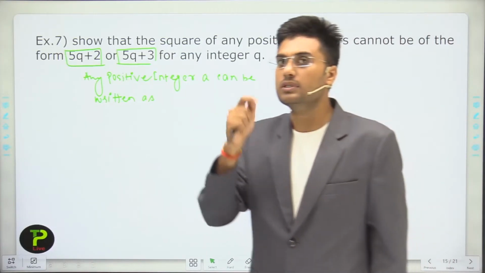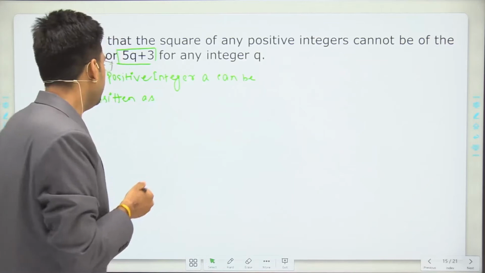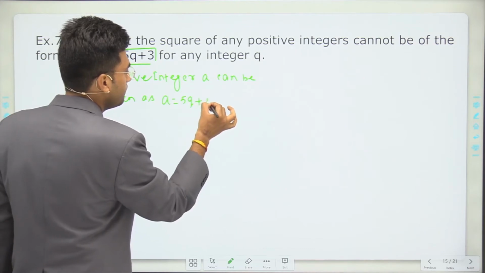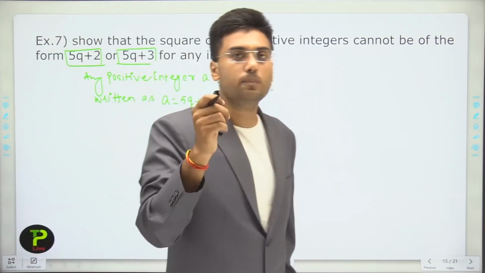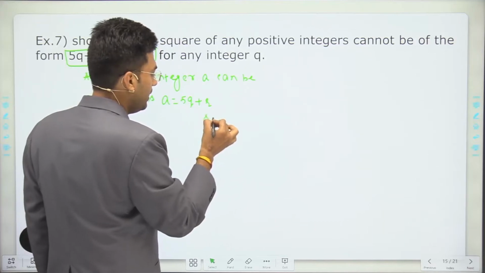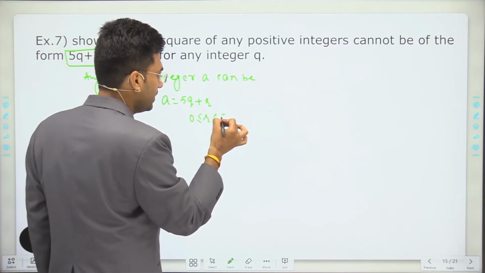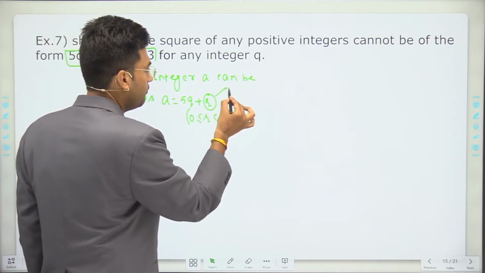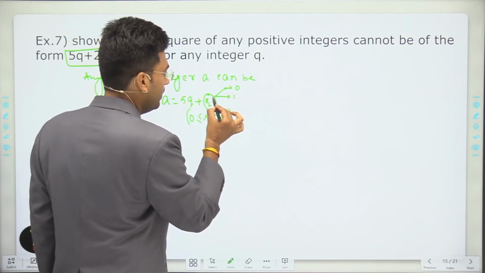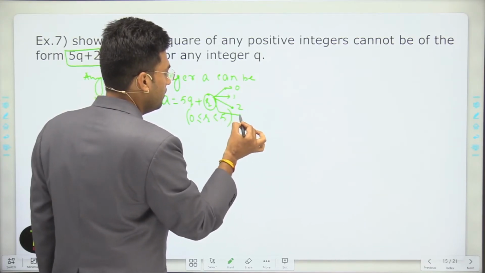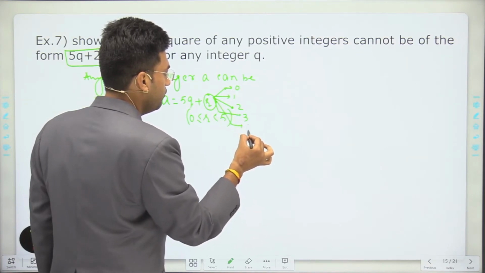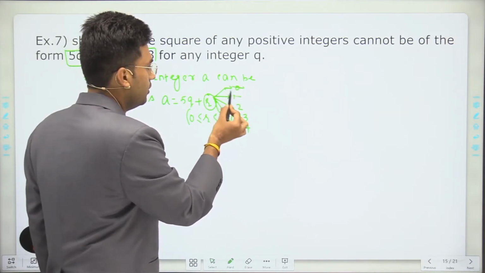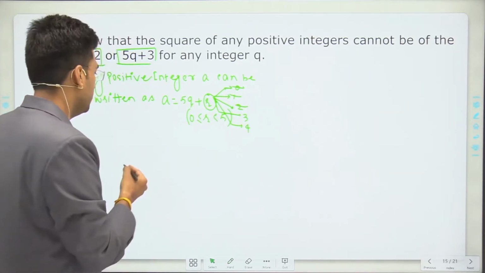So we write here a is equal to 5q plus r, and if a is equal to 5q plus r, then r is always greater than or equal to 0 but less than 5. So for r we have 5 values: 0, 1, 2, 3 and 4. These 5 values can be chosen for r. Okay. Now case 1.